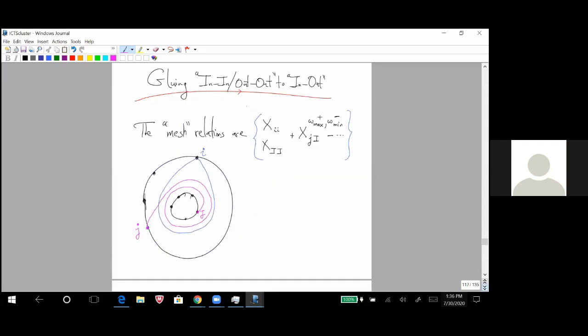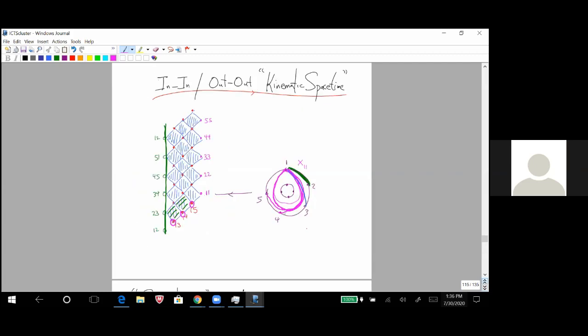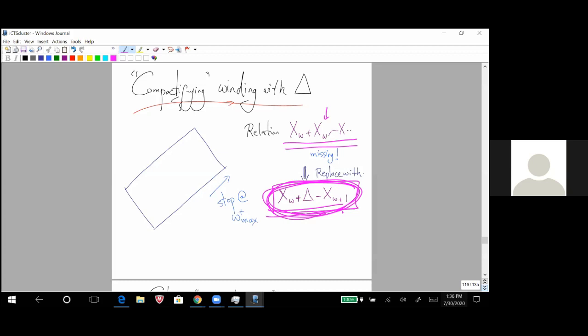Now there's something else that we need to do, which is that we describe these two different kinematical spacetimes. There's one involving the in-out variables. We have this cylinder involving the in-out variables, and then we have these involving the in-in and the out-out variables. But they clearly have to interact with each other. These two different kinematical spacetimes interact with each other. They're in triangulations together. These variables definitely have to talk to each other.